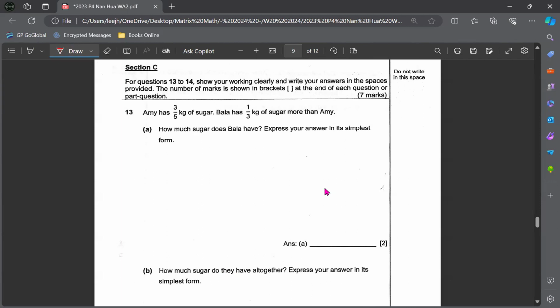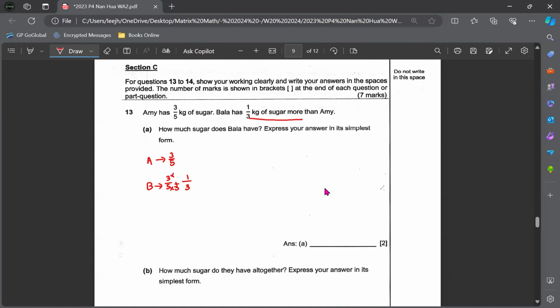So I'm going to just write down whatever facts I have, data. So Amy is A, she got 3/5 kg, right? Bala, 1/3 more. So Bala, I have to calculate 1/3 more than what Amy has. So it will be 3/5 plus 1/3. So if you look at the denominator, they are different, change to the same.